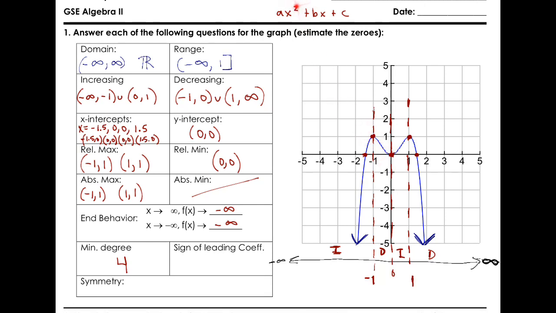Since that's a 2, we know it's an even function, and we know an even function by default should start up, up, before anything happens to it. If this was negative, then this whole thing would flip and it'd be down, down. Well, we can see that this is down, down, so we know that it had to have a negative in front. And so to answer this question right here, we know that it's a negative.